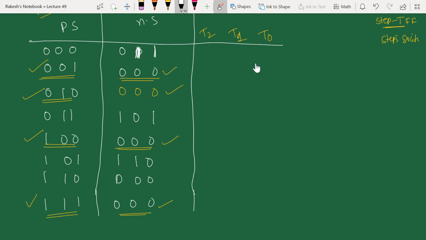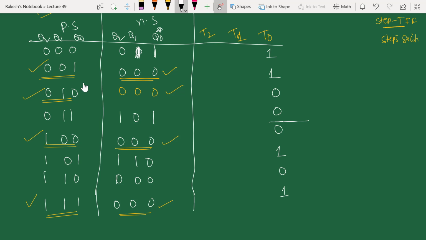So 0 to 1 requires 1, 1 to 0 requires 1, 0 to 0 requires 0, 1 to 1 requires 0, 0 to 0 requires 0, 1 to 0 requires 1, 0 to 0 requires 0, 1 to 0 requires 1. So these are the required inputs for the T flip-flop to make the Q0 transition.